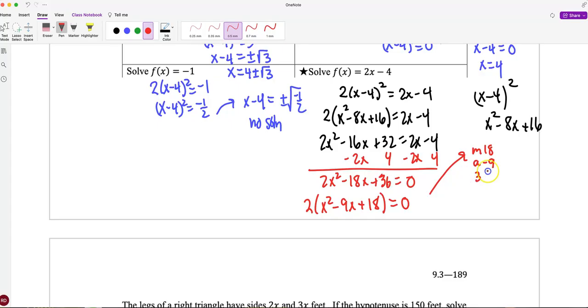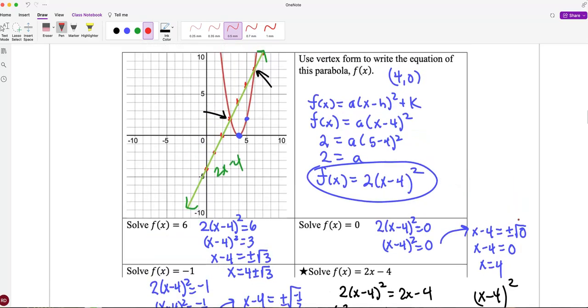I think that's a 3 and a 6, both being negative. So this is 2 times (x minus 3)(x minus 6) equals 0, and x is 3 or 6. We'll go back and look at that graph. Here's 1, 2, 3. x equals 3 and x equals 6 are the two solutions there.